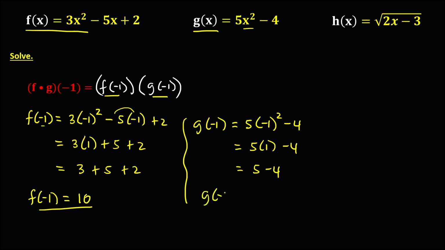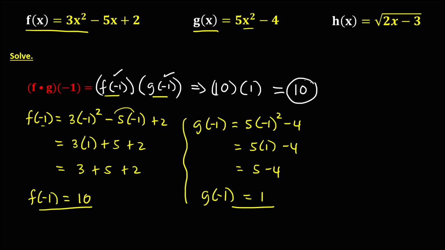So therefore, g of negative 1 is equal to positive 1. So this time we can solve now this function. Substitute now the value for f of negative 1, that's positive 10, then times the g of negative 1, that's positive 1. So therefore, this function is equal to positive 10.